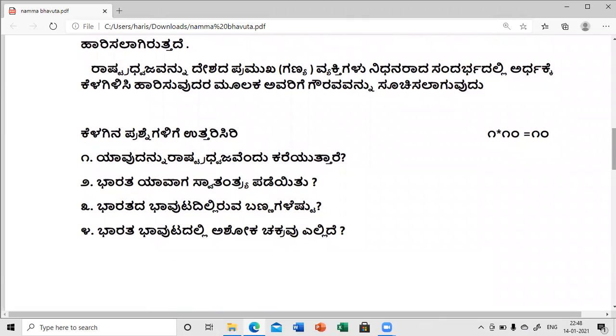Whenever you get these passages, the first thing you have to do is go to the first question. Each time you take one question, and once you get that answer, then you go to the next question. Do not try to read all the questions together because you would not be able to remember all the questions at once.